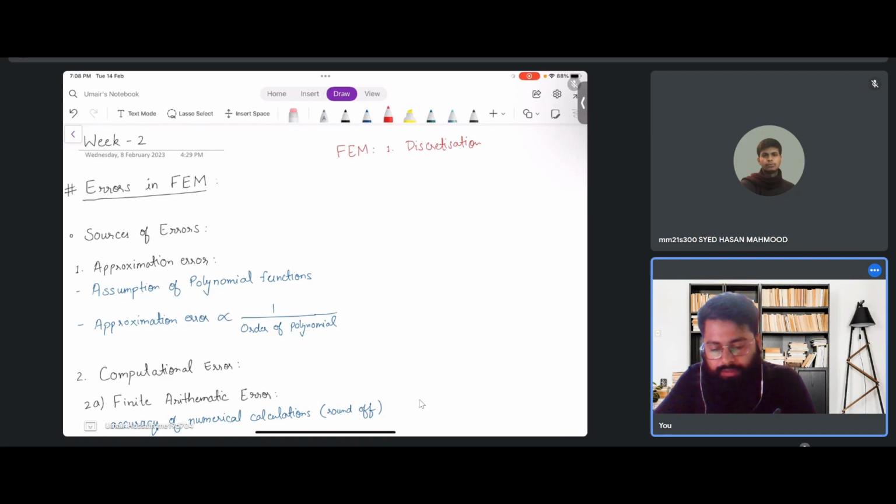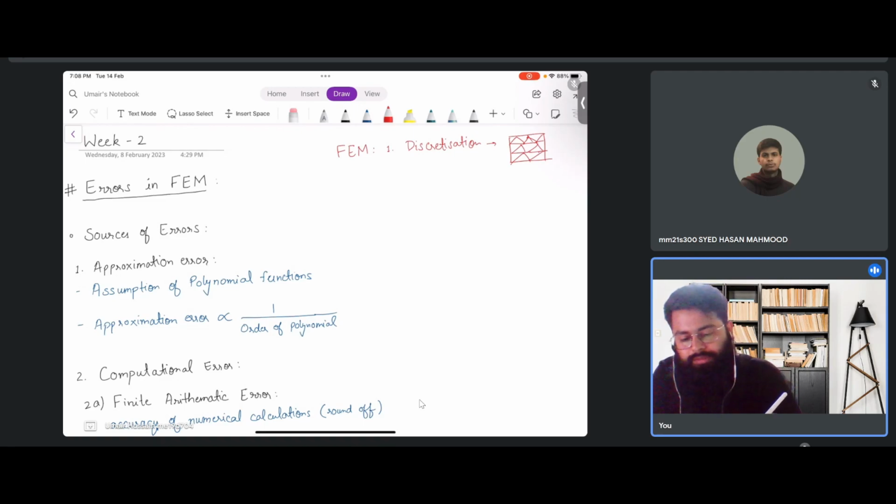Discretization means to split up the domain into different cells, elements, and nodes. That's 2D discretization. If it's 1D, it's rather simpler. So discretization basically means breaking the domain into small elements.